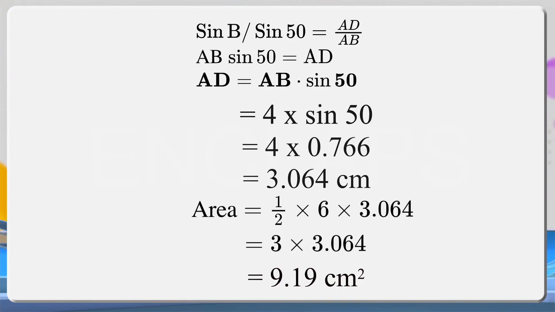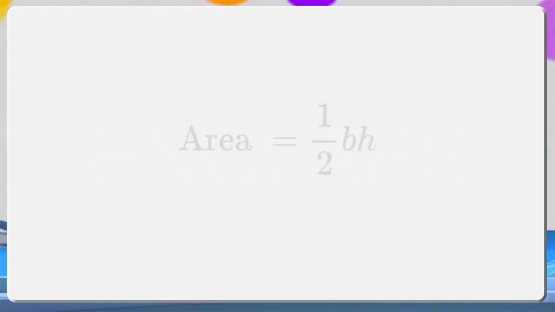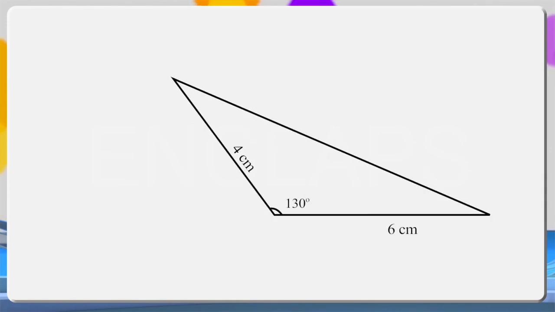Suppose in this problem, if the angle was 130 instead of 50, the triangle will look like this. Here also the equation of area is the same, half base into height. So we should find the height. For that, draw the height and make a right triangle like this, and then as we did before, take the sine of angle B. Now the triangle is different.